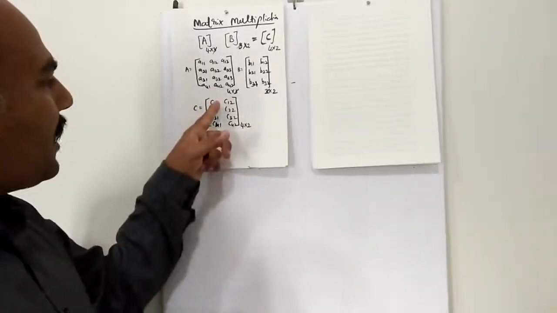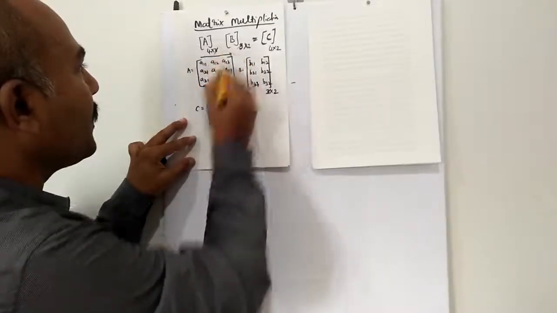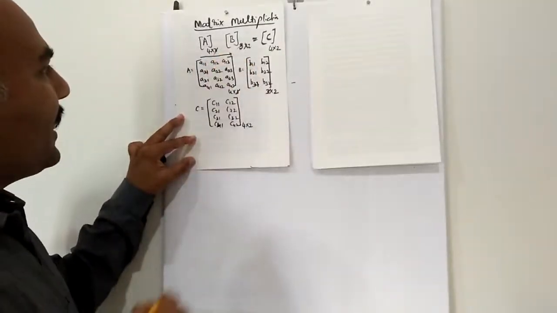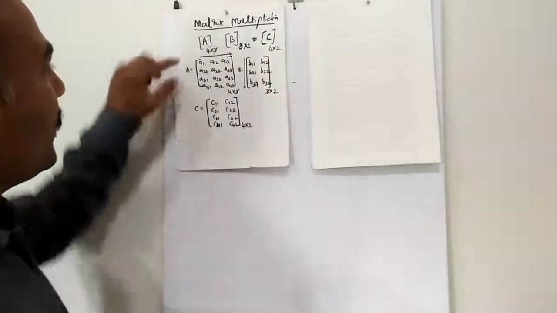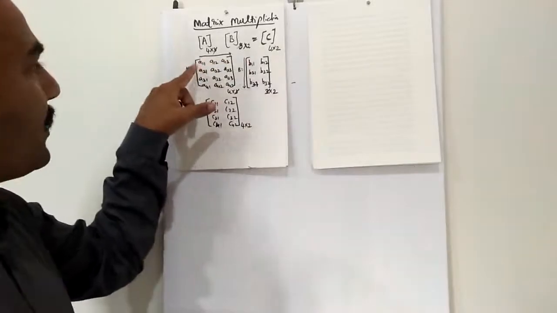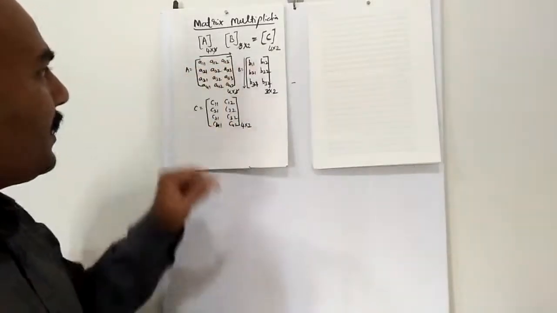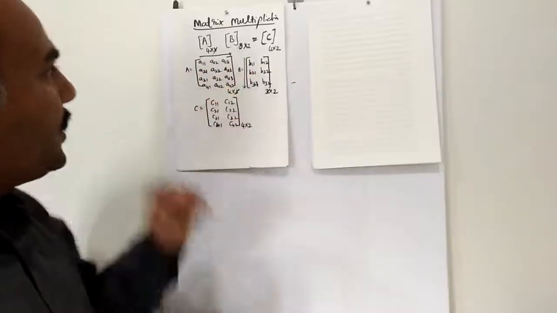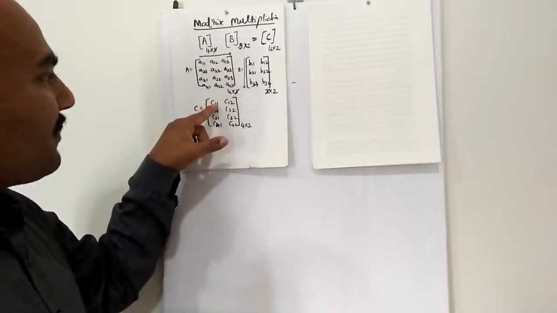The C11 answer is obtained by taking the first row of matrix A and the first column of matrix B, and summing the products of the elements: A11 B11 plus A12 B21 plus A13 B31 gives the answer C11.